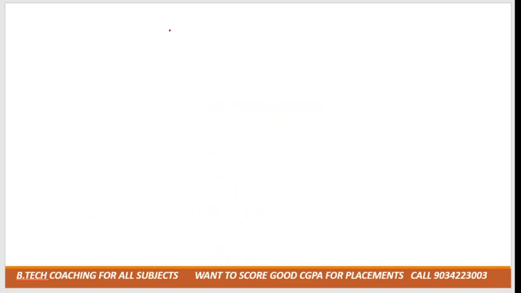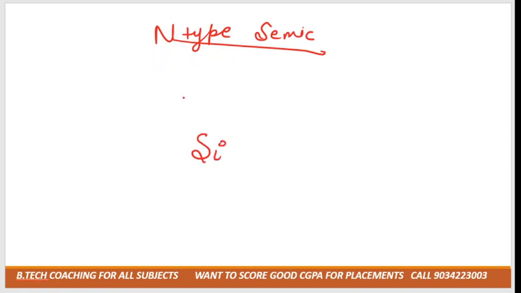If we see this in detail, first we have the n-type semiconductor, where we have silicon. You know that the outermost electrons in silicon are how many? 4 electrons, because silicon's atomic number is 14. So suppose this is the first electron, second electron, third electron and fourth electron. Each silicon is sharing with another silicon like this.